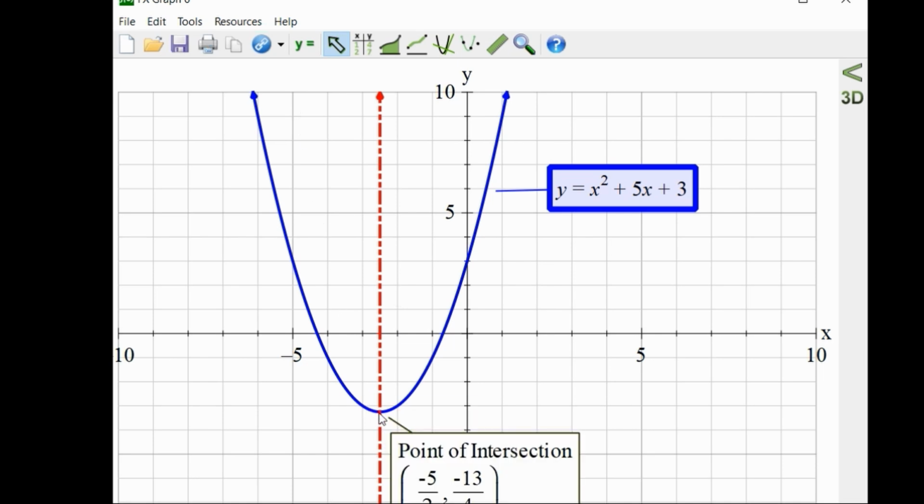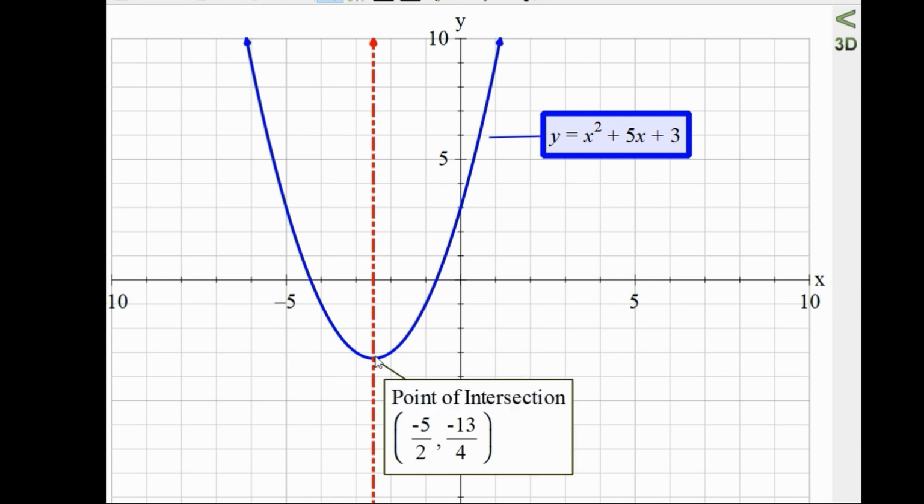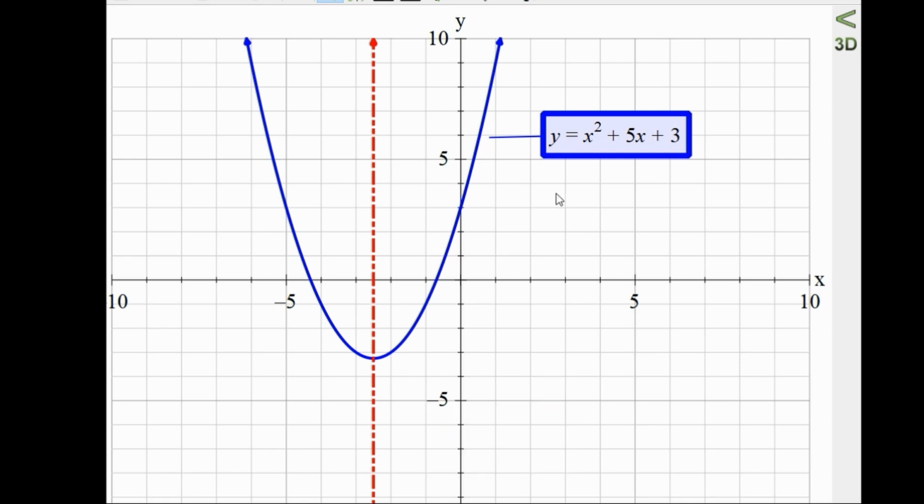And its value, where they cross, it doesn't show it very well. Hang on a minute, let me lift that up a bit. Look at the first value in the brackets, -5/2. It's shown that we've halved that, and we've changed that to the opposite action. We've changed it to subtract instead of add.